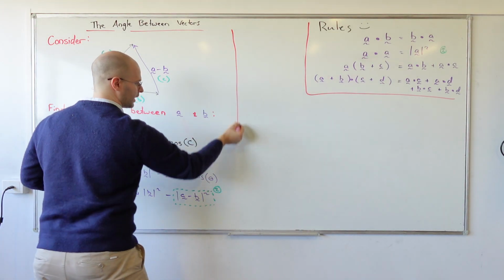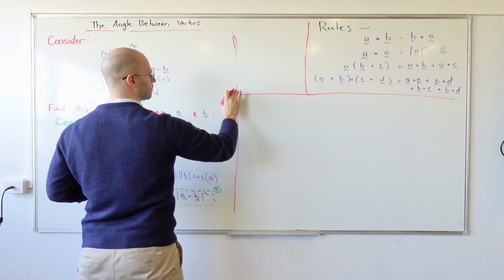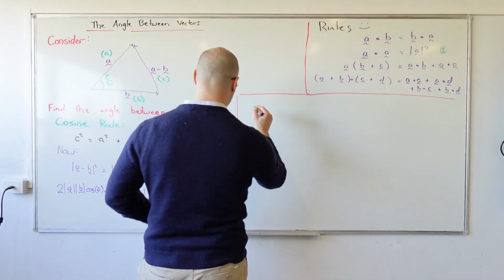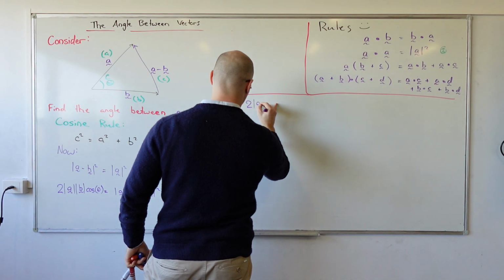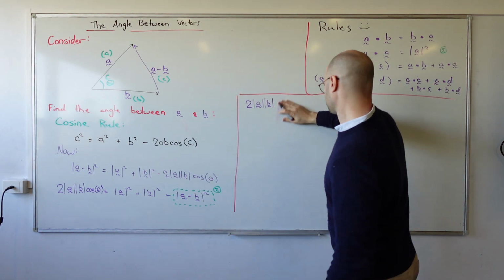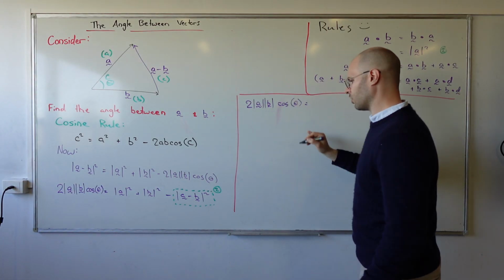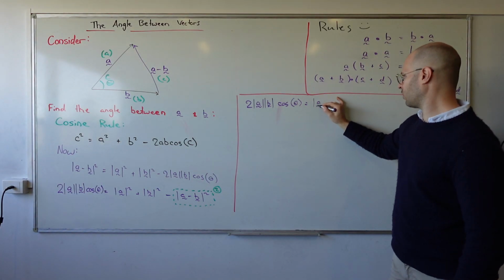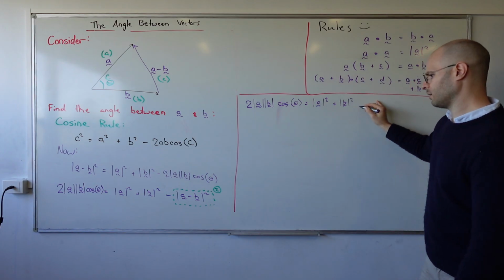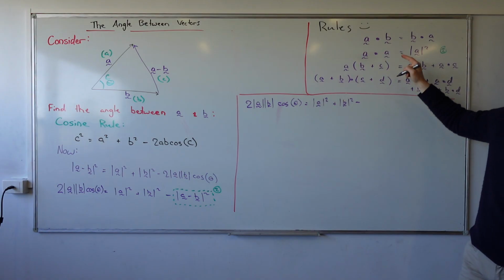So expanding this out, what we're going to discover is that 2AB cos C is going to be equal to the length of A, all squared, plus the length of B, all squared, take, and then we're going to expand it using this guy here. So this turns into that.